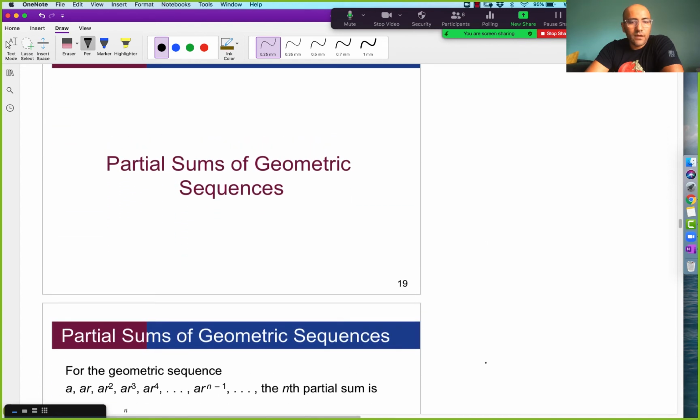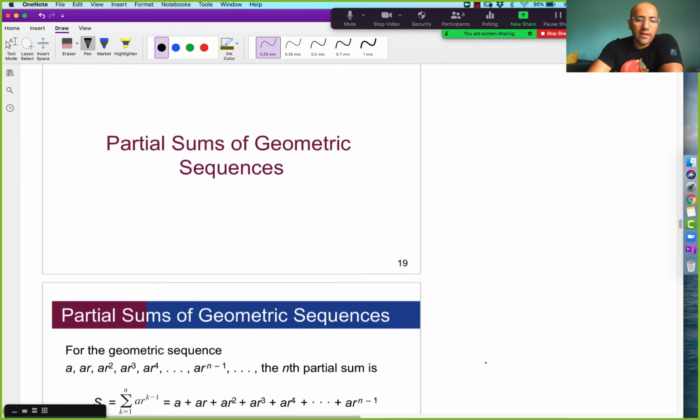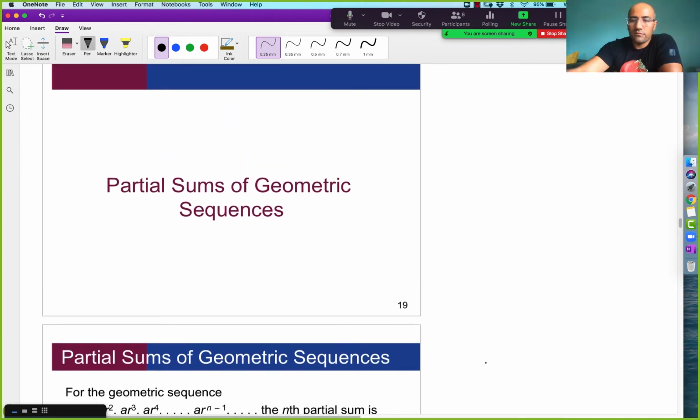Okay. Partial sums of geometric sequences. So remember that partial sums were defined as a new sequence. Given some sequence, a1, a2, a3, a4, dot, dot, dot, a new sequence is described in the following way.